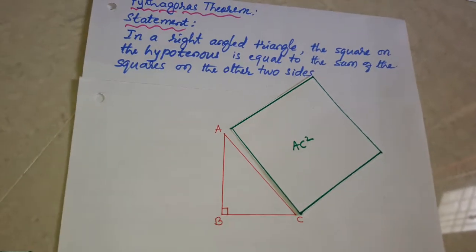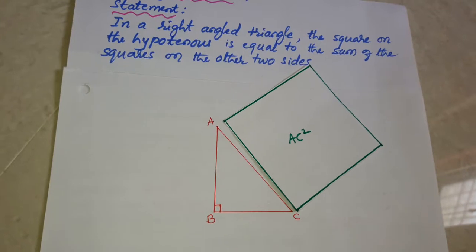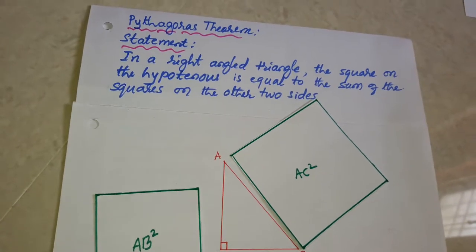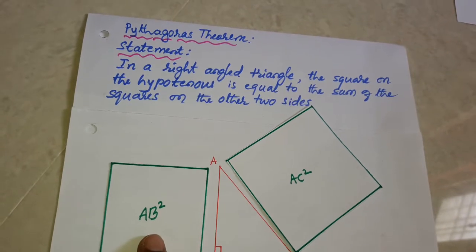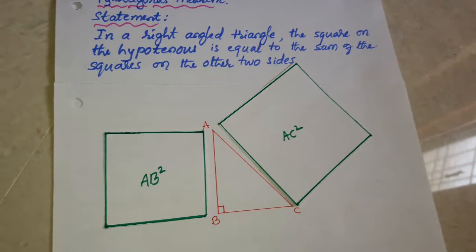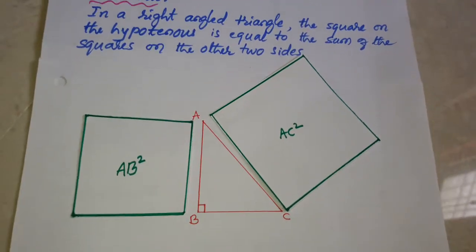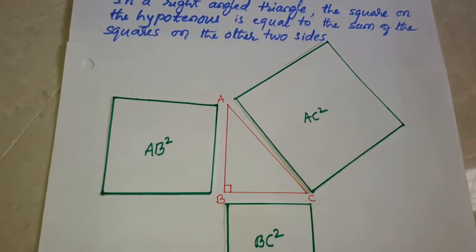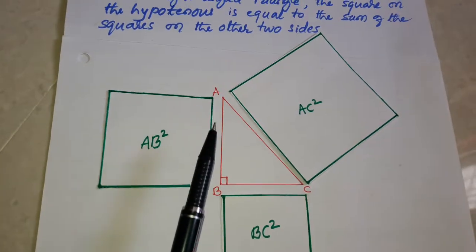And further, this is equal to the area of this square, which is equal to the sum of the areas of the squares that can be drawn in a similar manner on the other two sides. Say for instance here the other two sides are AB, equal to the length AB.